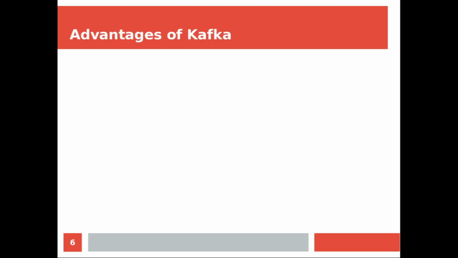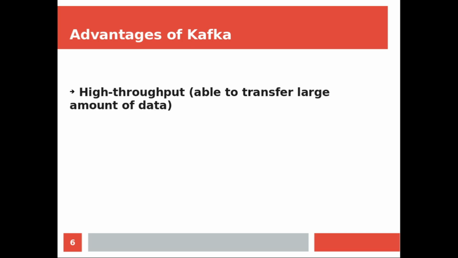And in this example, I just wanted to show the biggest advantages of Kafka in my opinion. So firstly, it is high throughput. It means that we can really easily transfer a vast amount of data from origin to destination. Also, I can say that Apache Kafka has really low latency, a couple of milliseconds.